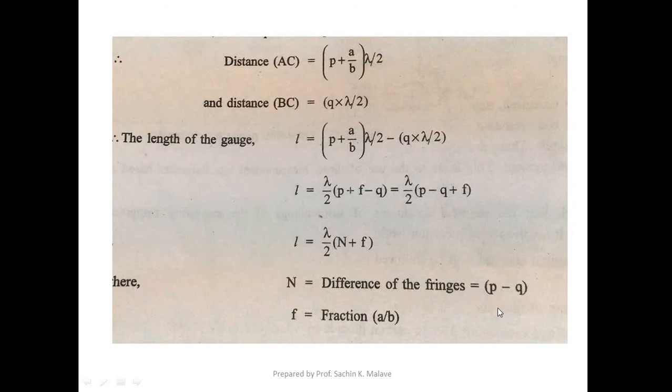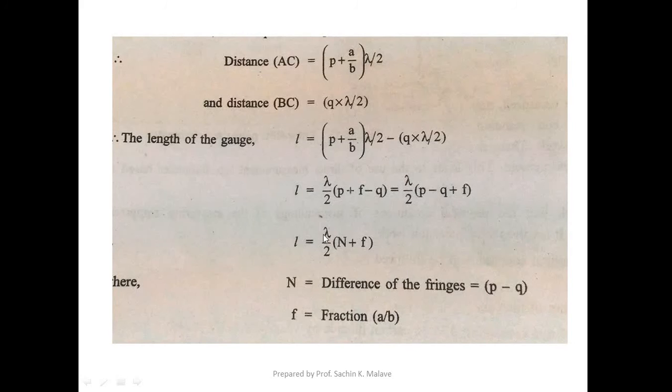So that will be a whole number, and F is nothing but the relative displacement of the fringes because of the air gap between the gauge and the optical flat, and the air gap between the optical flat and the gauge table surface.